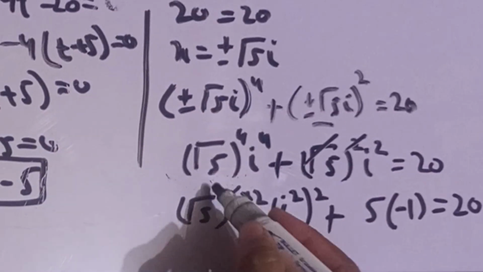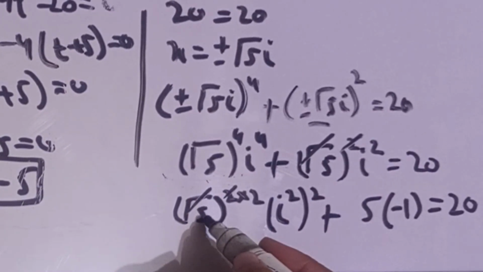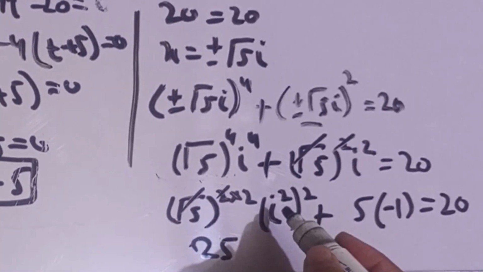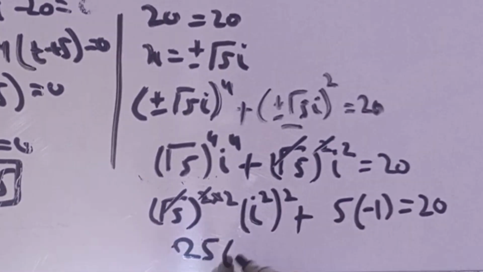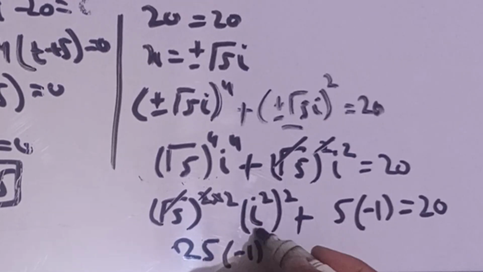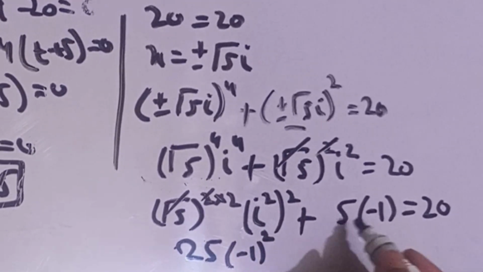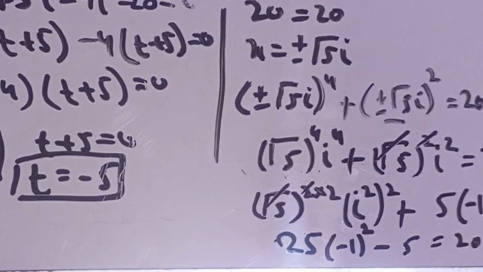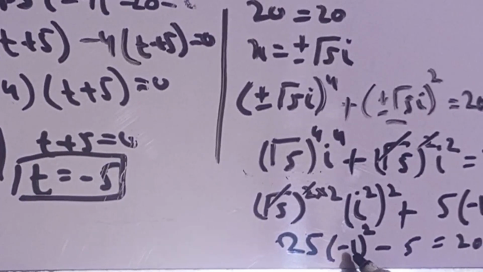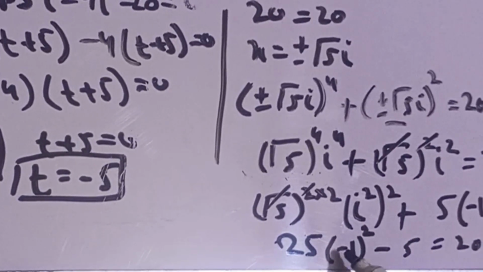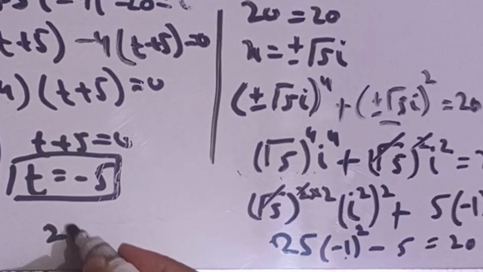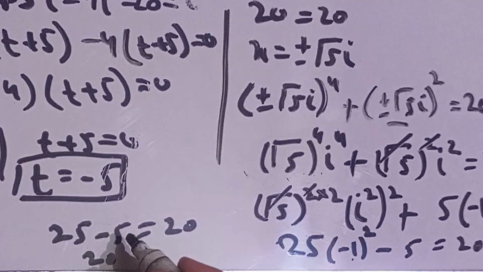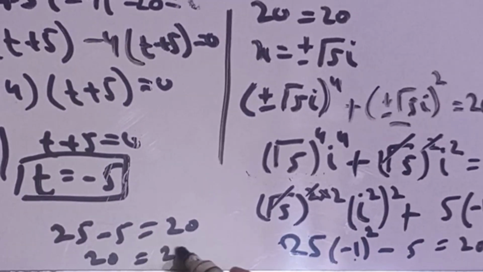Now the square and square root will cancel, we just get 5 and its square is 25, so here we write 25, and iota square is minus 1, so here we write minus 1, its square, and this will become minus 5, it's equal to 20. Now this minus 1 square will become 1, multiply this 1 by 25, we get 25 minus 5 is equal to 20, and right hand side is also 20.